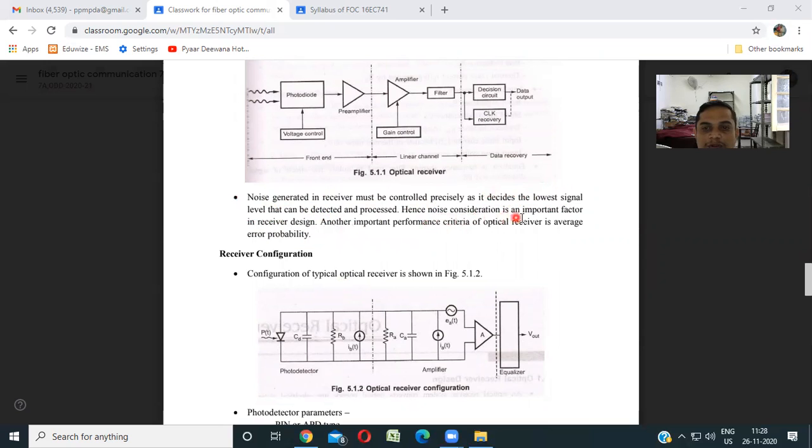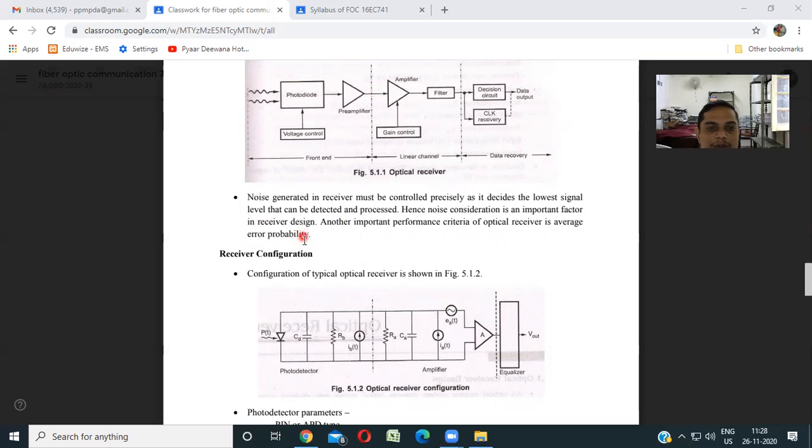Noise consideration is an important factor in the receiver design compared to the transmitter. That will affect the overall optical receiver operation, simply the signal quality.